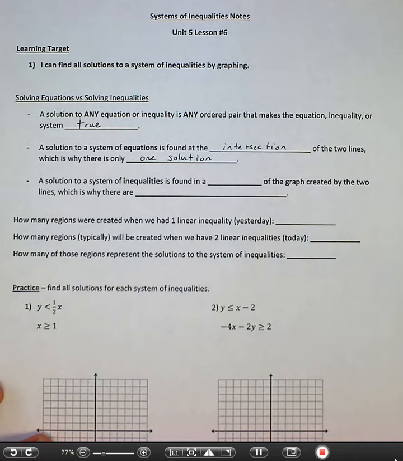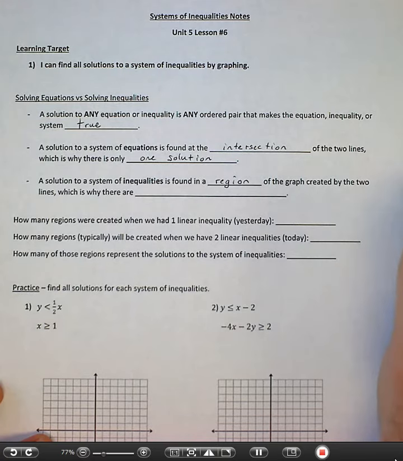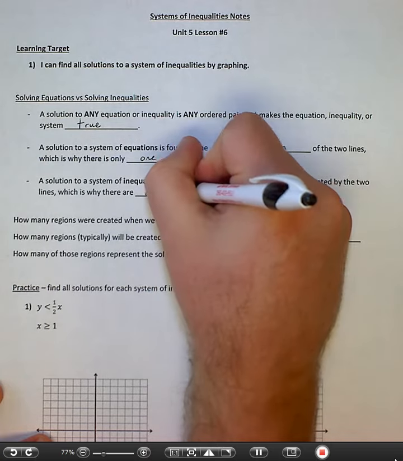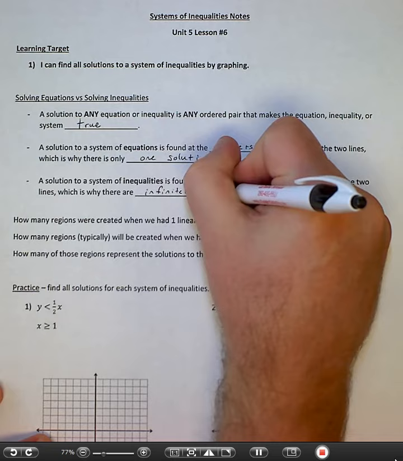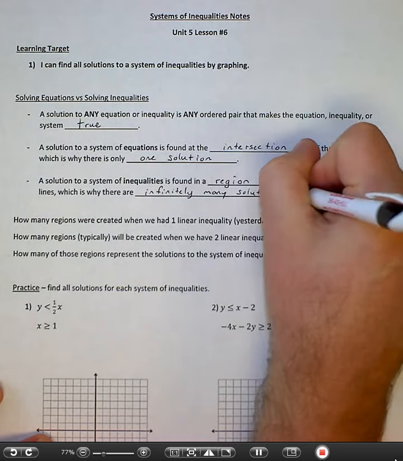A solution to a system of inequalities is found in a region of the graph created by the two lines, which is why there are infinitely many solutions, because a region is made up of an infinite number of points.